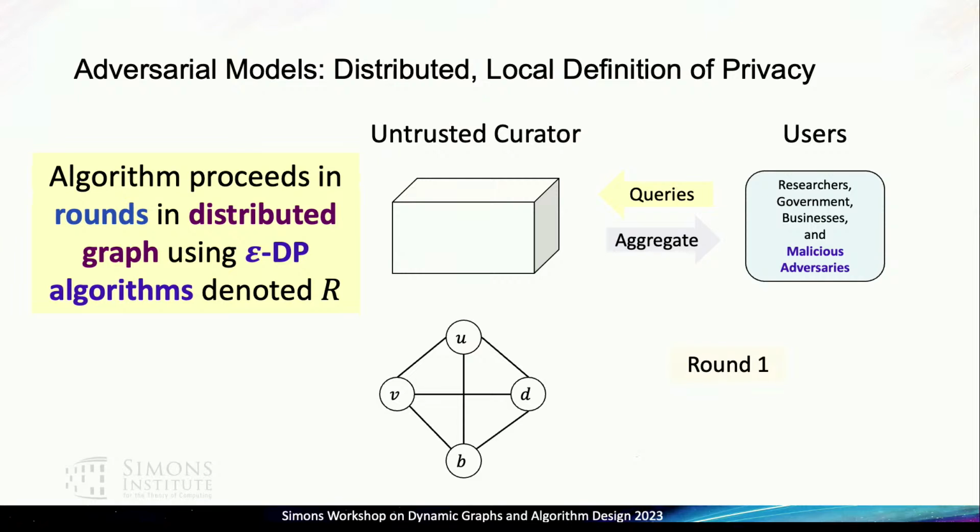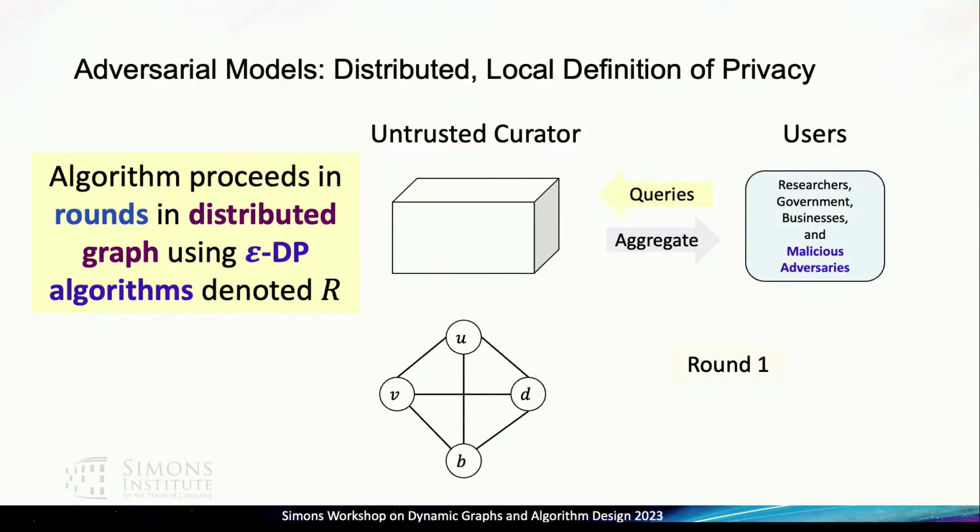Now, using this local randomizer, you can use a distributed algorithm on your nodes. The way that a distributed algorithm works is that the algorithm can proceed in several interactive rounds, where the nodes talk to some untrusted curator.